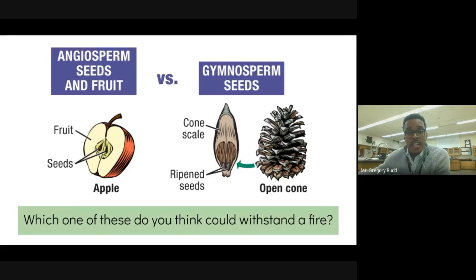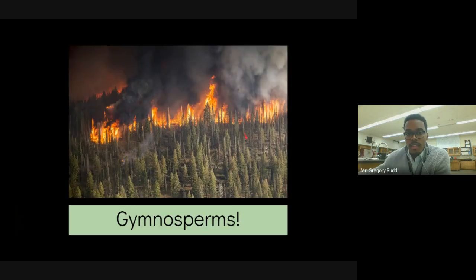So in reality, the gymnosperm seeds are much better suited to withstand a fire. They've got this kind of hard exterior. It's not so easy to inflame. The reason why this adaptation exists and why it's beneficial is because gymnosperms exist typically in places where forest fires are more common.